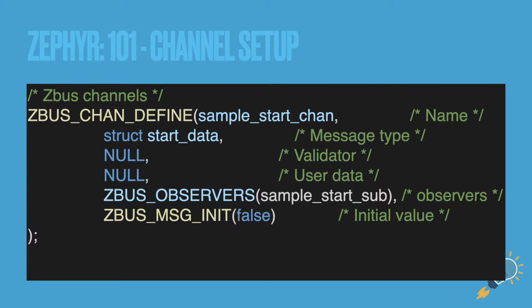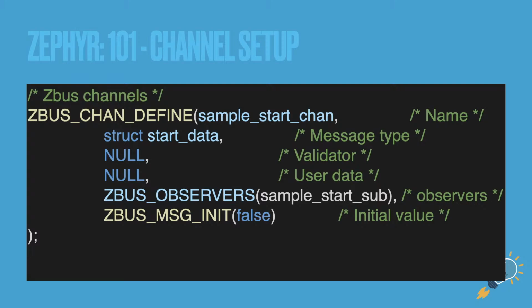You have a channel that you want to define, and you give it some information, i.e. the structure you're going to be sending across that channel. What this channel essentially sets up is a static piece of memory to hold that particular piece of data, and it facilitates notifications to let other parts of your code know that there's data available.